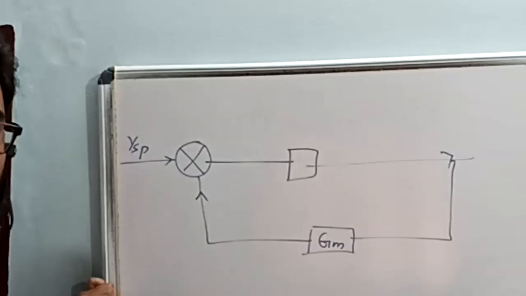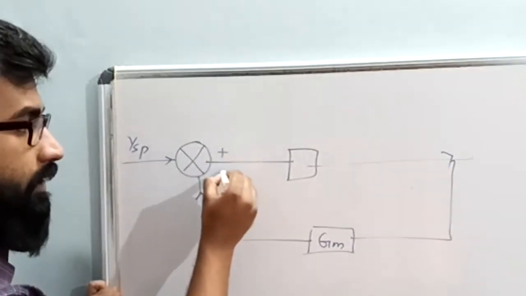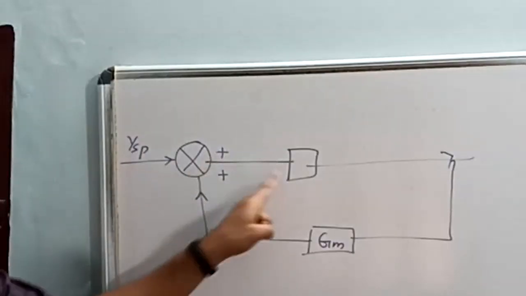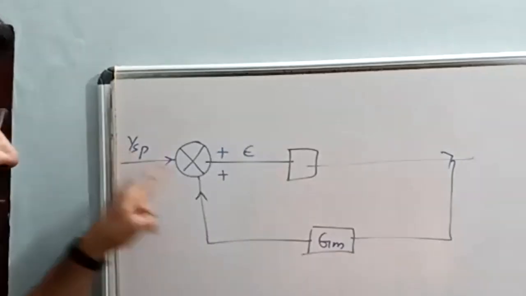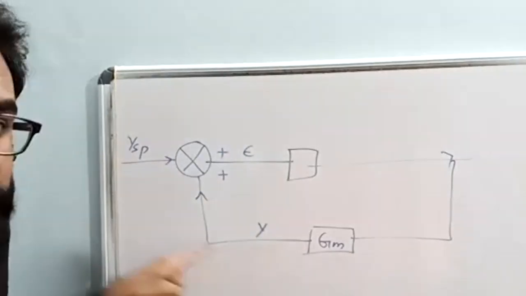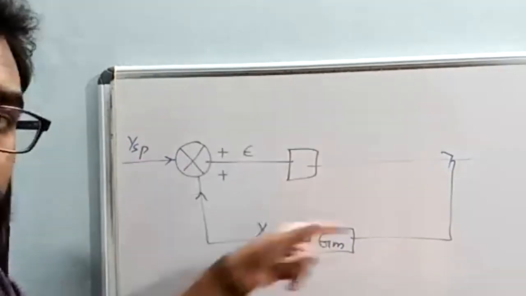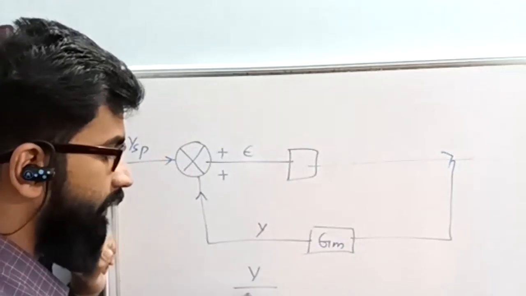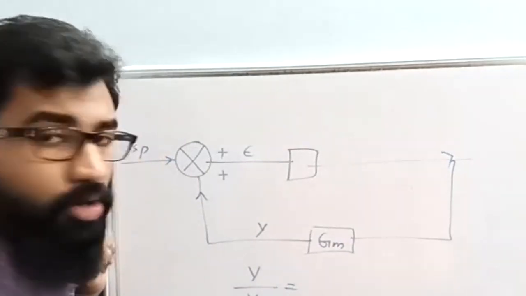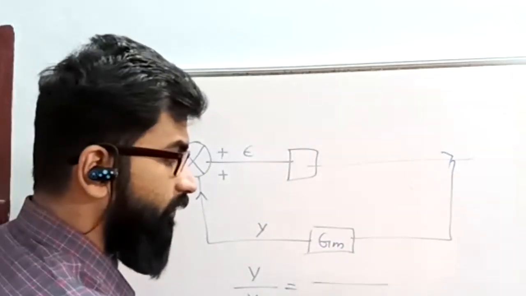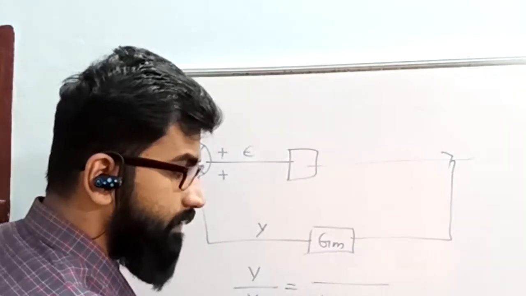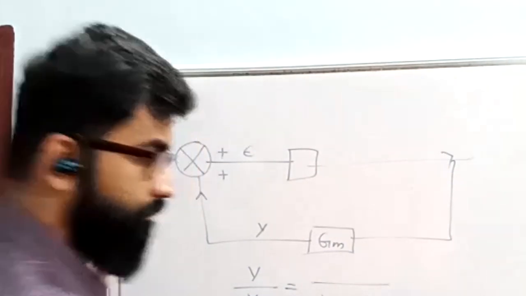When we use plus in the comparator, your error will be YSP plus YGM. So when you write the equation Y divided by YSP, normally how will we write it? Forward path divided by 1 plus open loop transfer function.